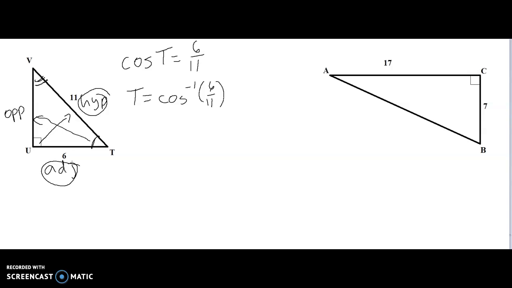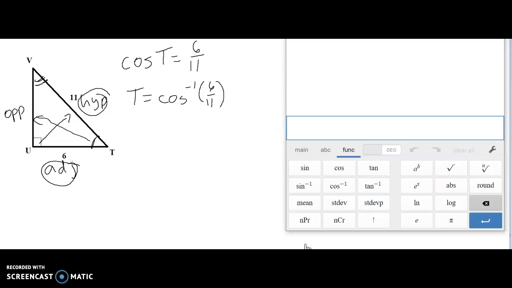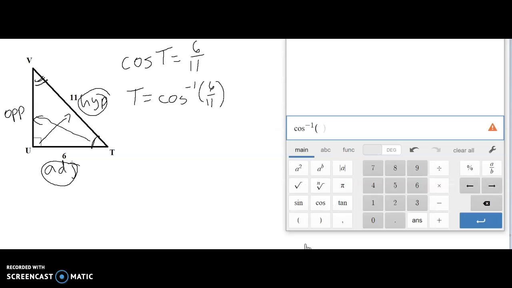So let's go ahead and pull up our calculator. If I need to find the inverse cosine in Desmos, you don't want to click the cosine button. It's right here. You want to go into functions and click inverse cosine. Then you go back into main and you write your fraction, 6 divided by 11.